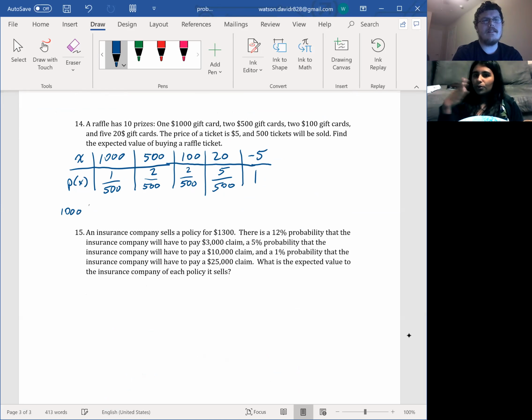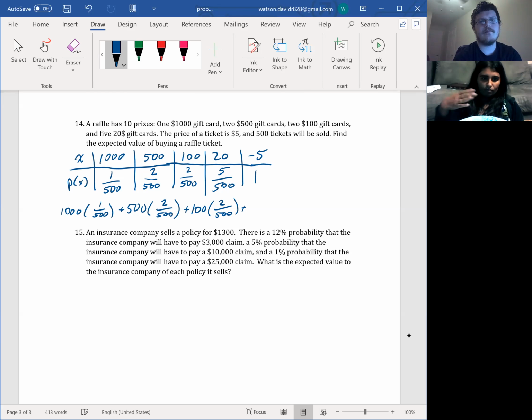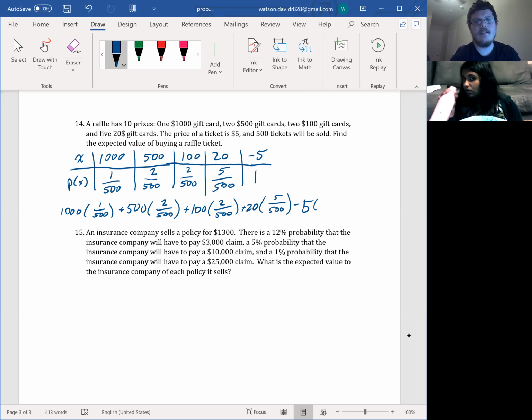So 1,000 times 1 over 500 plus 500 times 2 over 500 plus 100 times 2 over 500 plus 20 times 5 out of 500 and then minus 5. Or you can do minus 5 times 1, but the times 1 doesn't do anything.